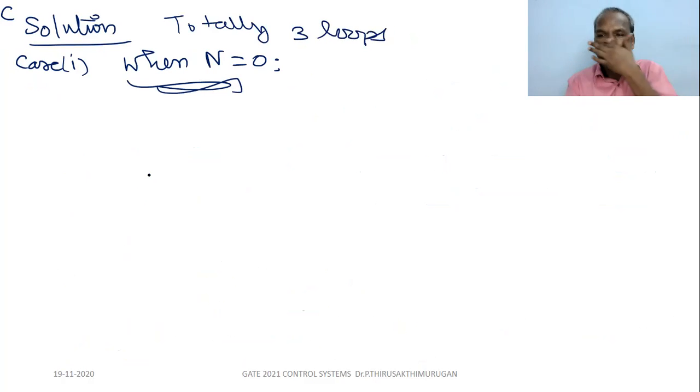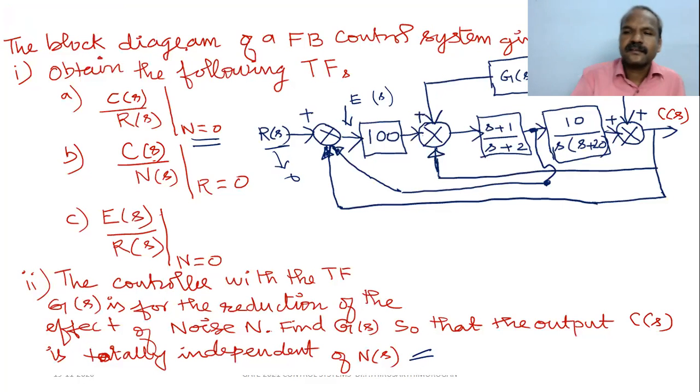Understand? So in the first case, how many forward paths? When this is 0, this path is not present. So from R to C of S, only one forward path.